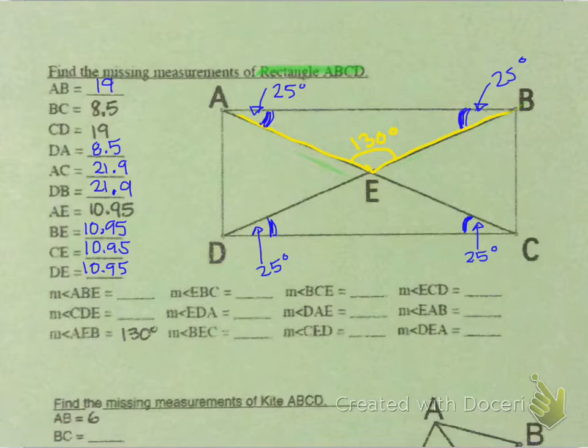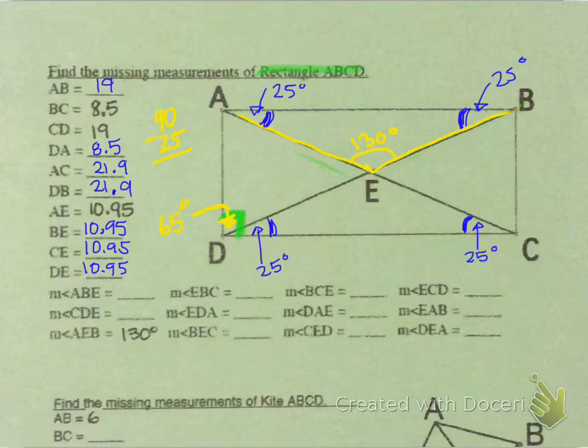Now I can also find this angle that I just drew the yellow arrow to, because this whole thing is 90 degrees. So I can do 90 minus 25, and that gives me 65 degrees.